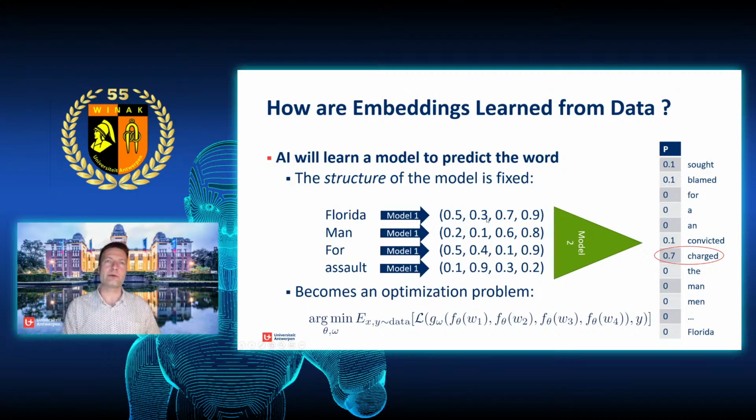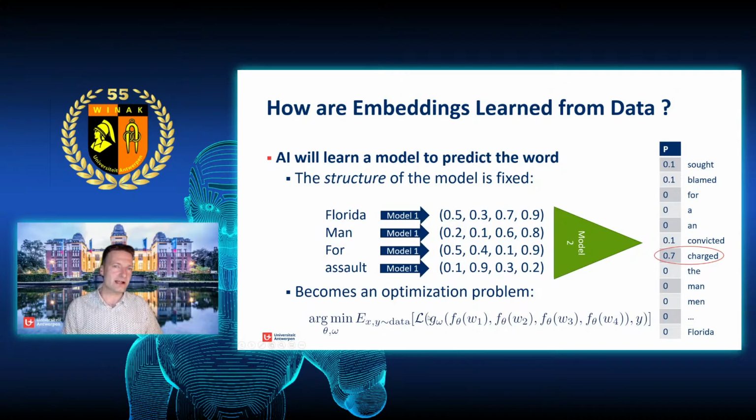What we want to do is learn two models, model 1 and model 2, such that in combination, the expected value of the loss, if I feed my machine the data on which I train it, is minimized. How do I want to minimize it? I want to learn good model 1 and model 2. And so my model 1 is expressed by my function f that is applied to each and every one of the words, and it has parameters theta.